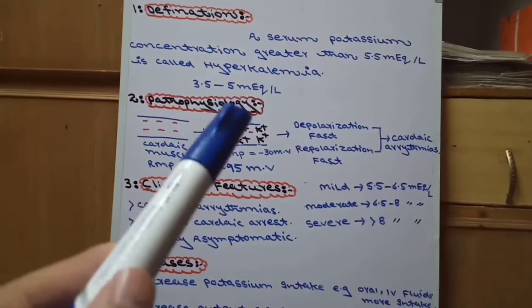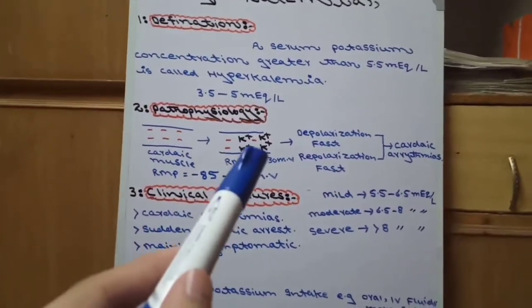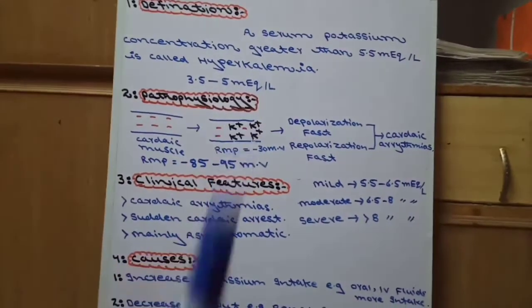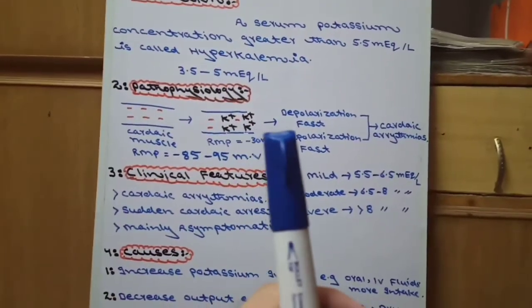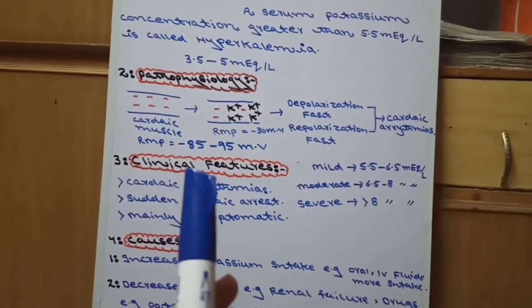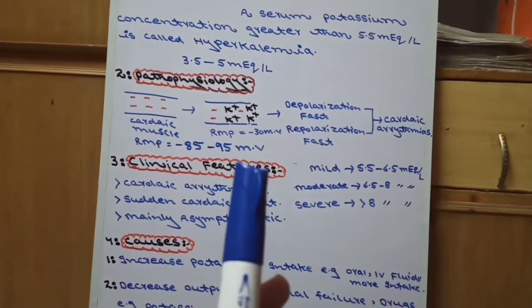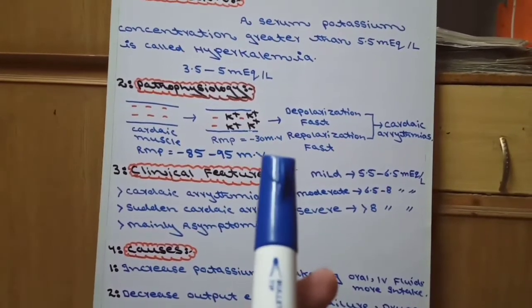When potassium, due to hyperkalemia, is more concentrated inside the cardiac muscle cell, the negativity will change toward positivity. The resting membrane potential moves from minus 85 to minus 95 millivolt to minus 30 millivolt.